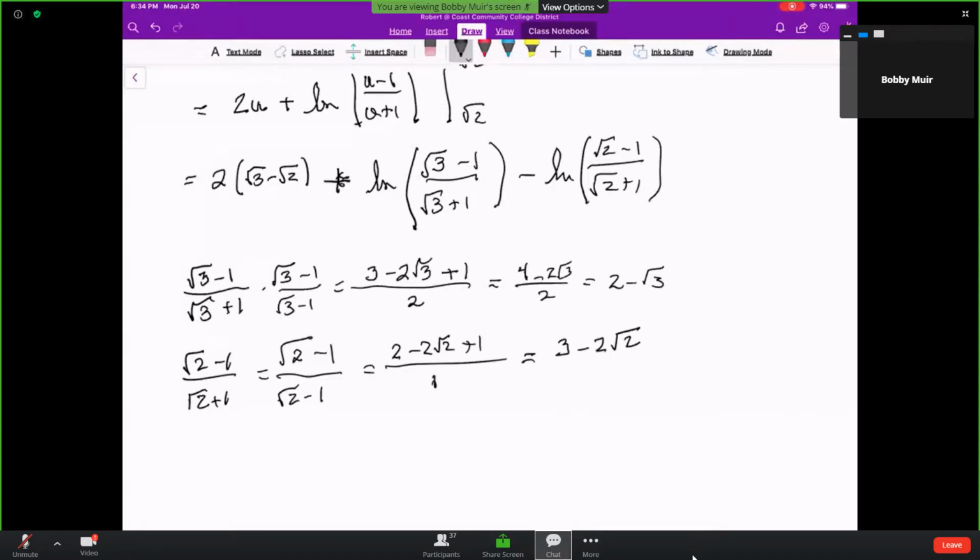So I guess one could say the answer is 2 radical 3 minus 2 radical 2 plus the log of 2 minus radical 3 minus 3 minus 2 radical 2.